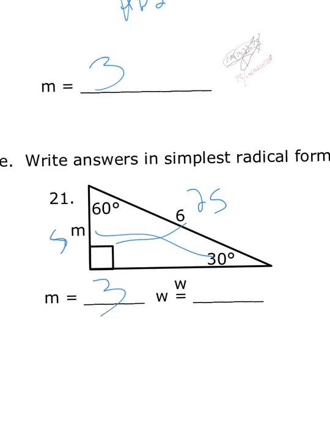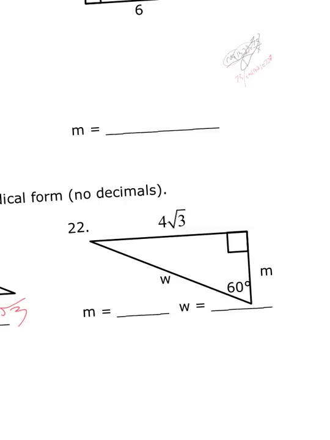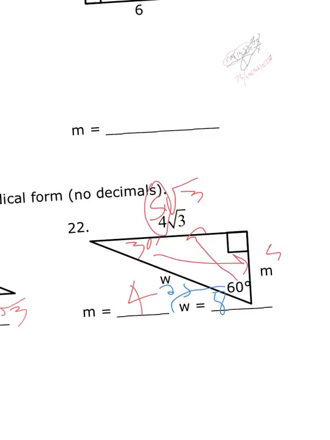And W is the S square root 3 side, so if S was 3, then my answer is 3 square root 3. Alright, and then the last one, I got 60 looking at 4 radical 3, so that's S radical 3, which means S is 4. If this is 30 degrees, that's looking at M, which is the S side, so that means M is 4. W is the 2S side, so I just need to double 4, I get 8.